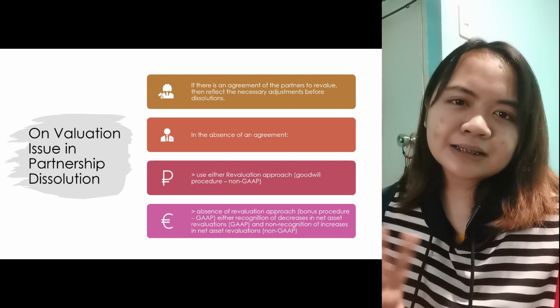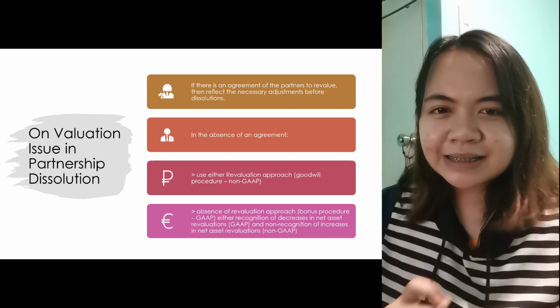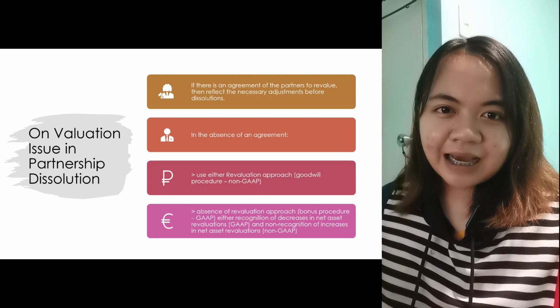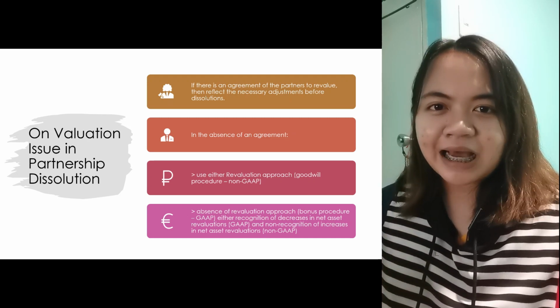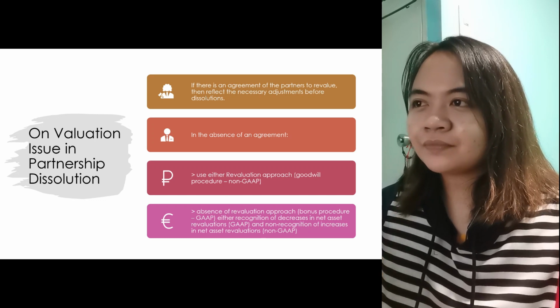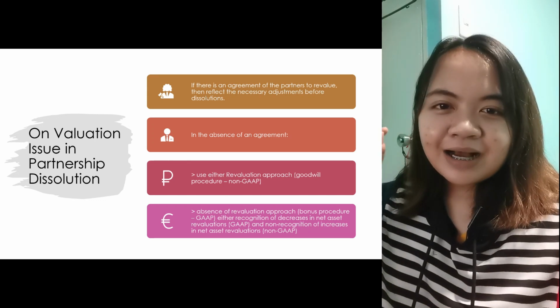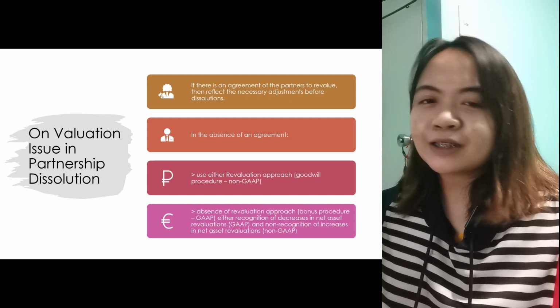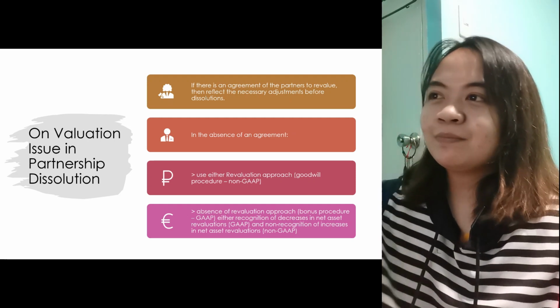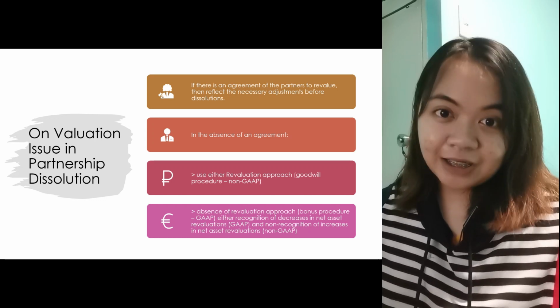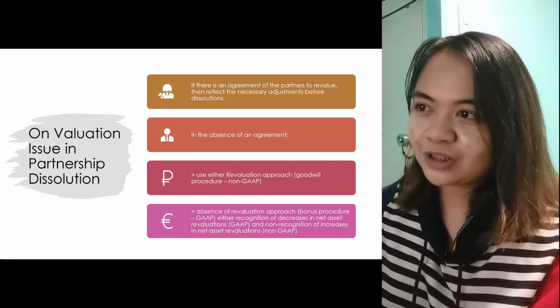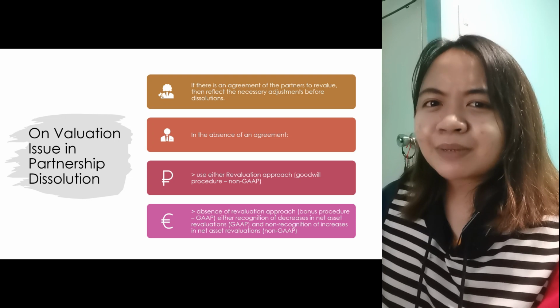Also, in a sense, you do not revalue the assets. So, that is their belief. Why? Because it conforms with GAAP. So, which is still stronger here? Of course, if there's an agreement of the partners to revalue, then you have to revalue. So, we just showed their differing beliefs.